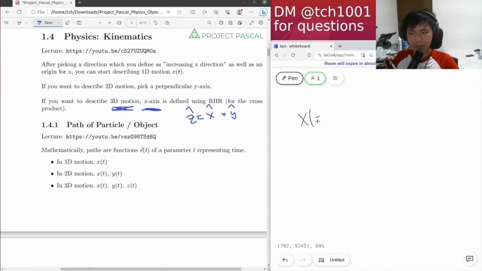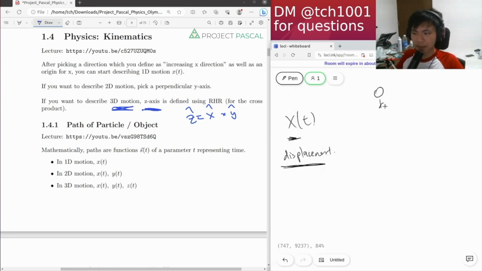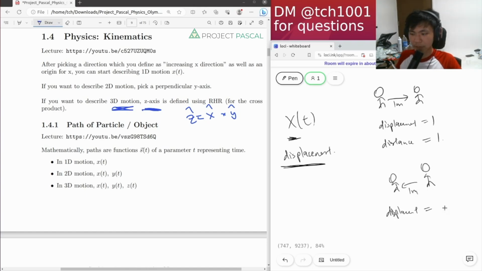So if I say x of t describes the x displacement as a function of time, this concept of displacement is similar to distance but is sensitive to a sign. So what I mean by this is, if I start over here and I move 1 meter to the right, my displacement is 1 meter and my distance traveled is also 1 meter, assuming I've chosen rightward to be increasing. If I then move from the right to the left by 1 meter, my displacement will be -1, but my distance will still be +1.